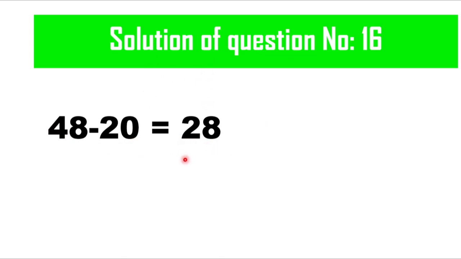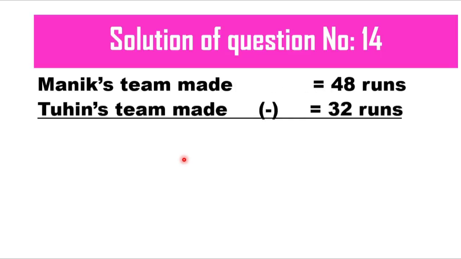The students, I hope you all understood question number 16. And now we will try to solve question number 17. But before that, we will go to the page and try to read the question which is mentioned in question number 17. So let's go to the page.